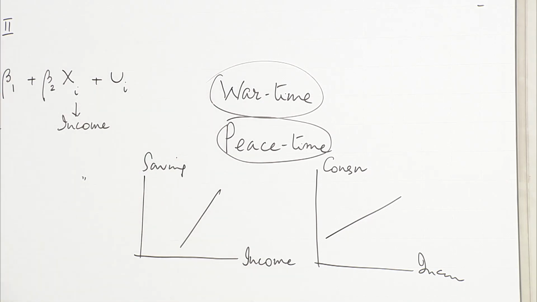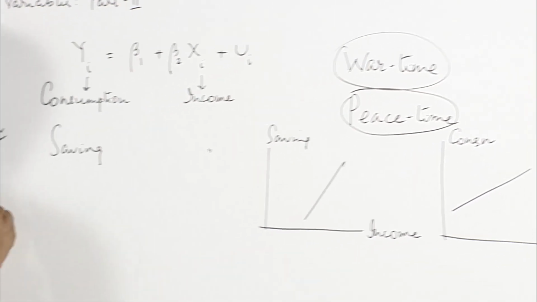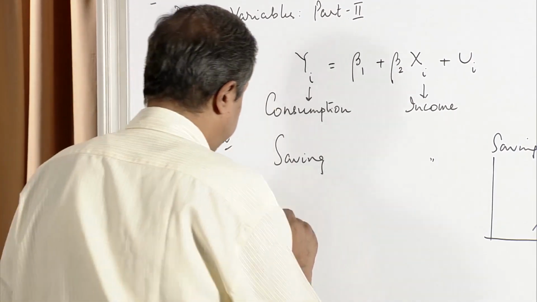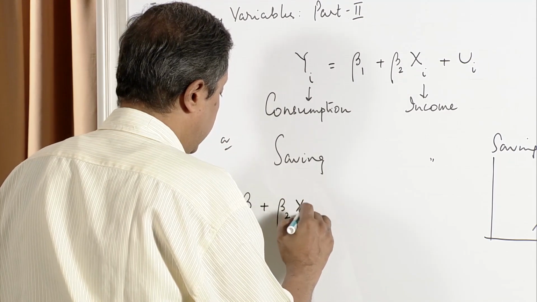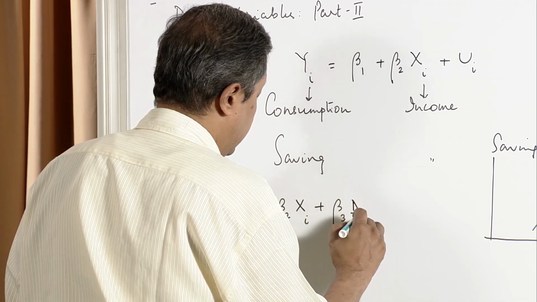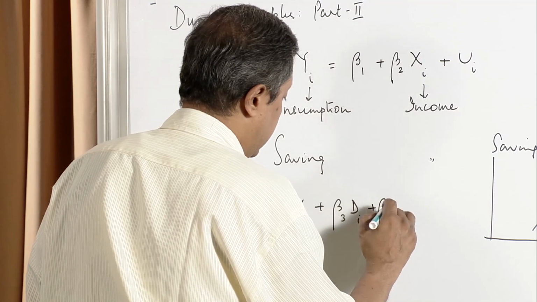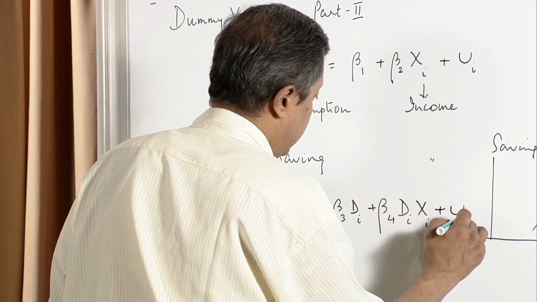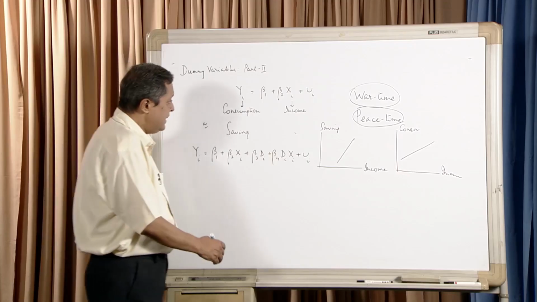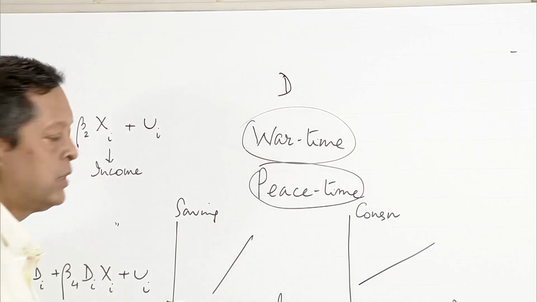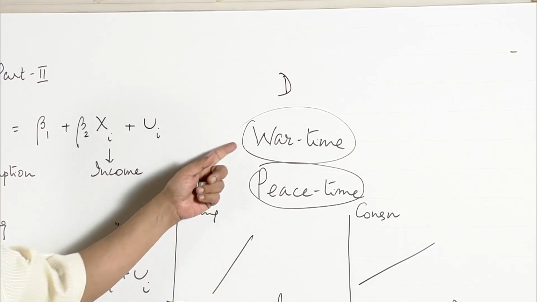So, to incorporate that, we rewrite the model in the following way. We can write y i equals beta 1 plus beta 2 x i plus beta 3 d i plus beta 4 d i x i plus u i. And d is the dummy variable which can be used to differentiate between war and peacetime.